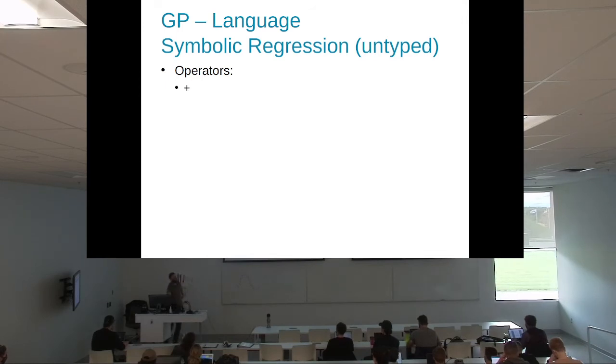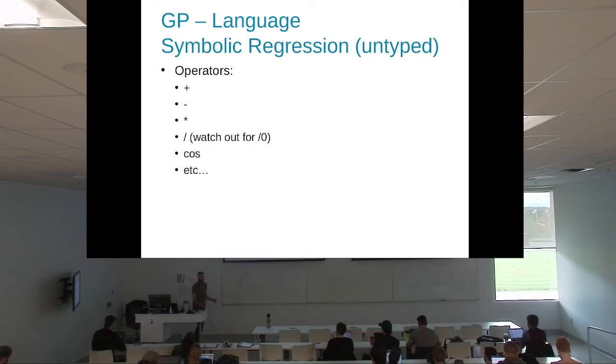So if we're doing symbolic regression, the operators that we might want to use are things that make sense in the context of numbers. Operations we can do on our numbers that give us back a number that would be reasonable in this space. So maybe I've got some operators like addition that takes two operands and gives you back one number.